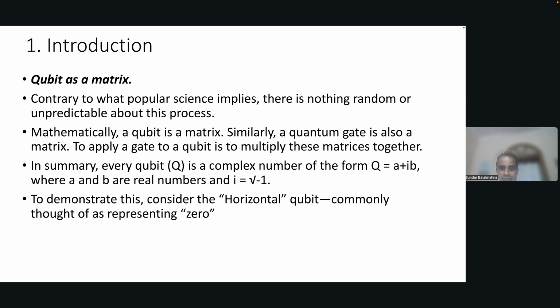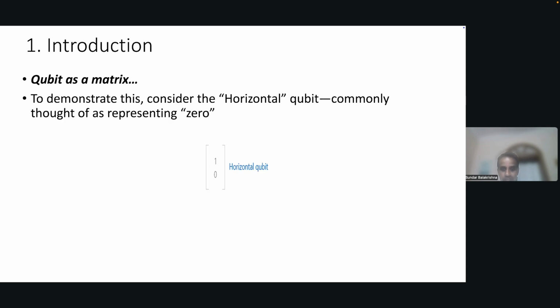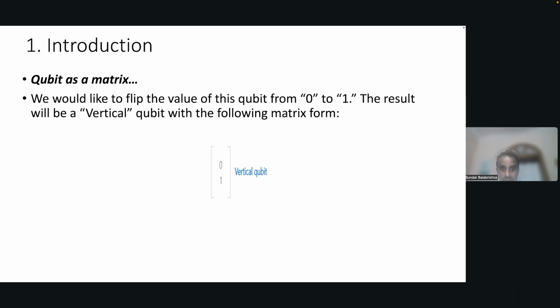But quantum is at a completely different level altogether. For example, 0 is represented as a 2 by 1 matrix with a 1 and a 0, whereas the bit 1 is represented as a vertical qubit, 0 and 1. You see the difference?